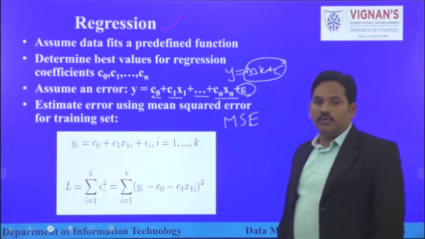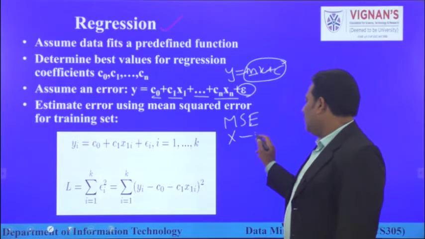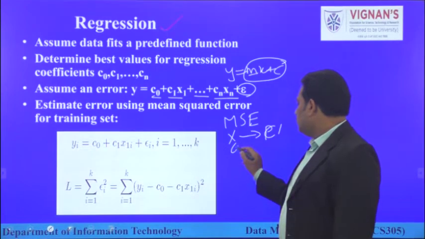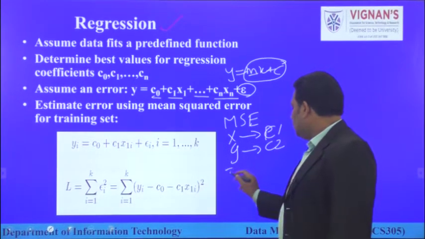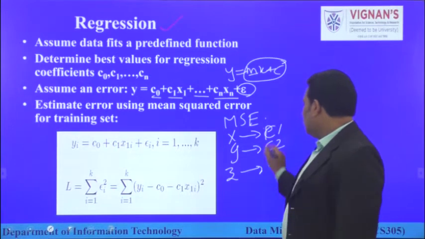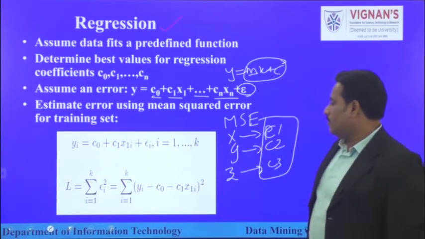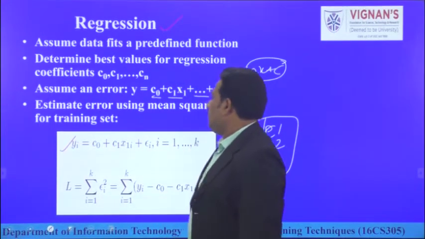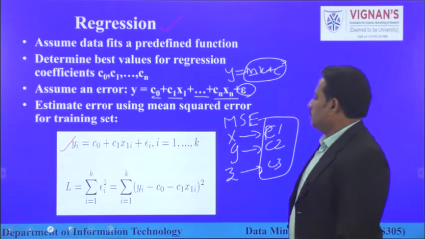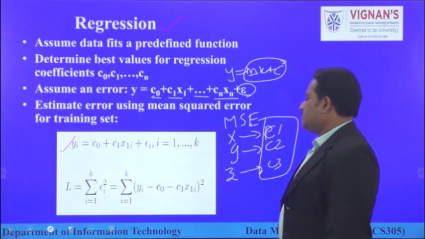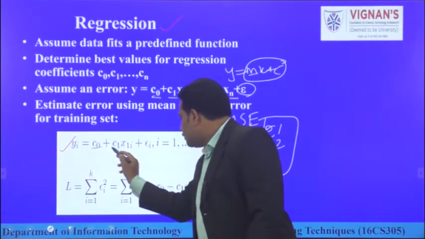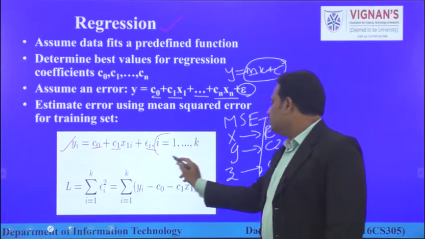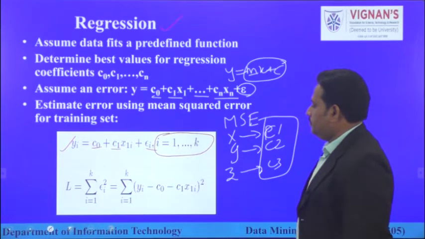Regression. Now, how is regression going to be applied? We apply it to data X with a predefined class C1, data Y with class C2, and data Z with class C3. The class label is already known for us. If we look carefully here, we are calculating the regression error, that is, calculating the coefficients C0, C1 up to Cn, and repeating the process for i equal to 1 to k.